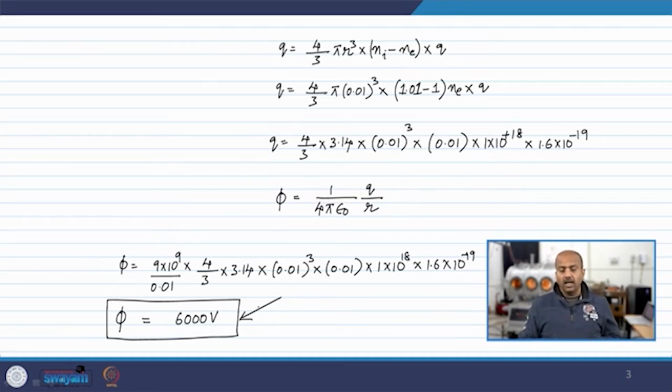That means that, like we said before, whenever you try to displace electrons, immediately large electric fields would be set up, which will try to nullify the charge movement immediately, right.